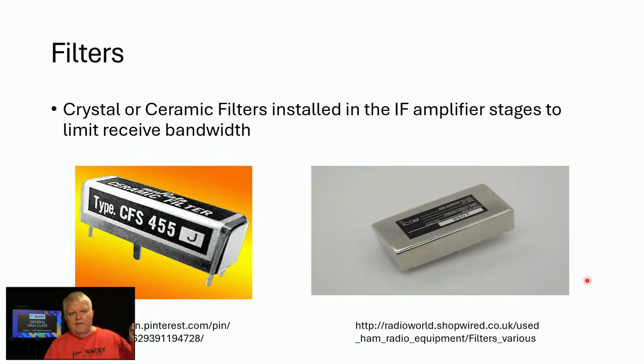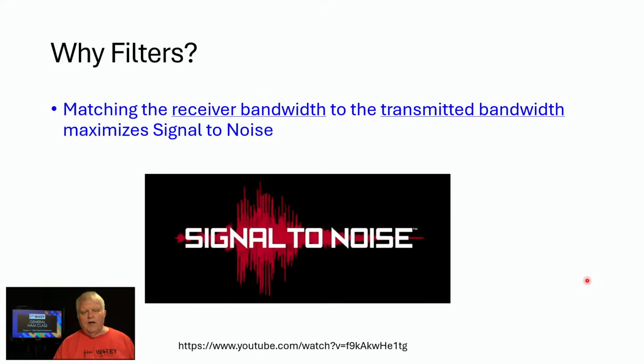Well, we saw on the Maestro there on the display that for CW, for example, we made a very narrow filter. We do that to match the receiver bandwidth to the transmitted bandwidth in order to get the maximum signal to noise. So that's why we have different bandwidth filters, is to eliminate noise or signals that we don't want to receive.